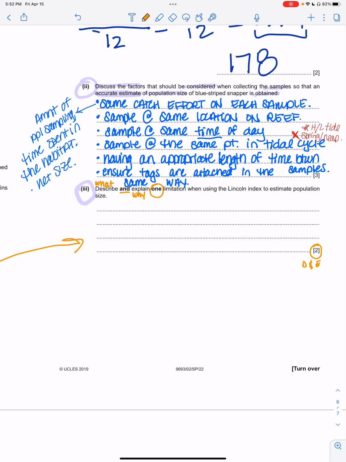If the tag comes off, you're going to get 1 mark for the describe and then another mark for the explanation, and you only get 1 shot at this. So pick one that you're certain of. Okay, and the explanation.